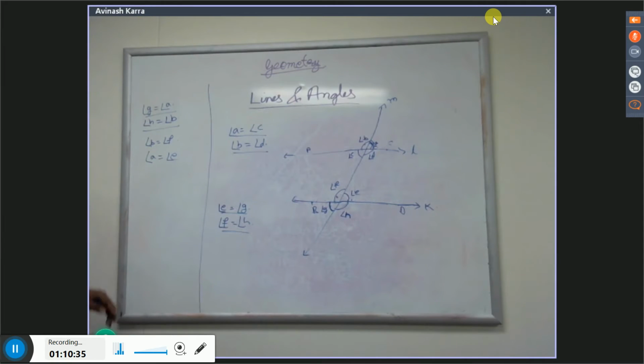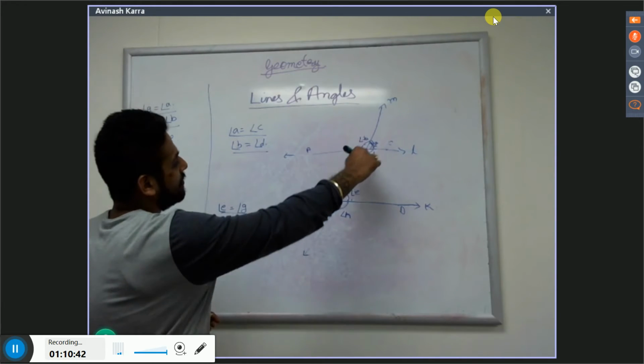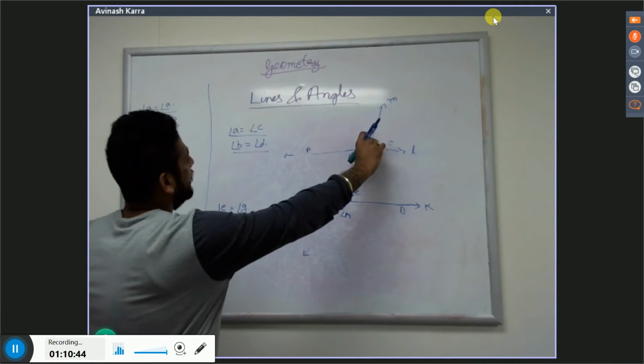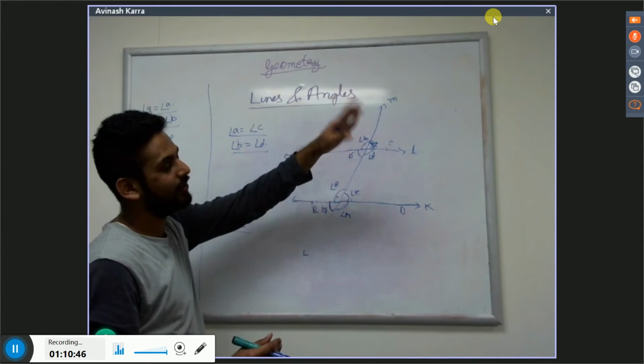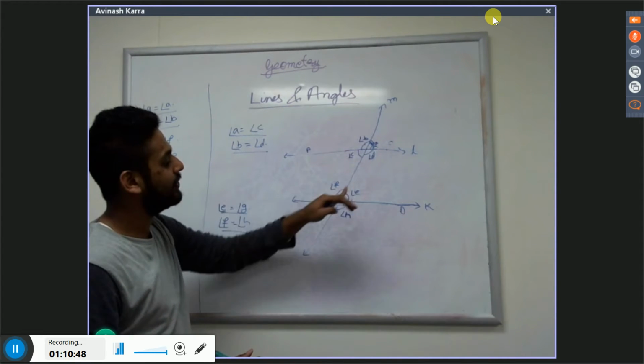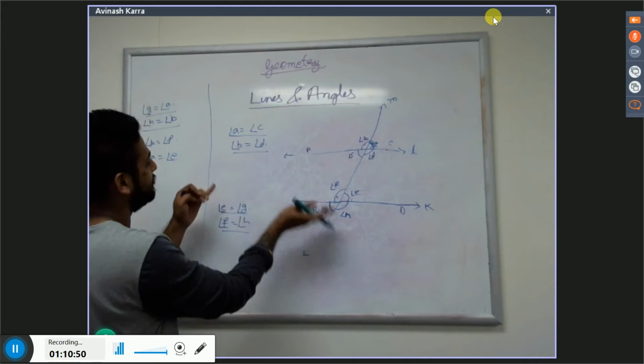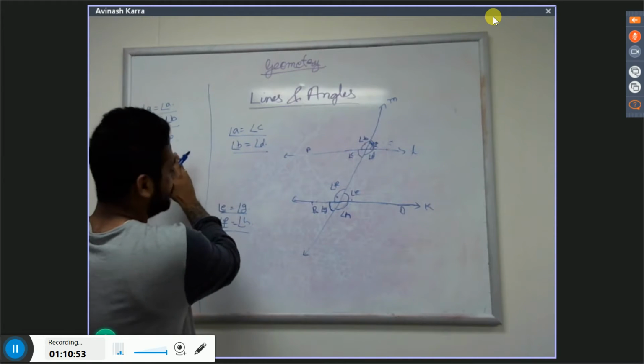If you want me to give the proof, I can explain it, but it takes some time. It is simple: the sum of angles will be 180. For example, assume A is equal to 30, then I'll get some value, and from these equations, if I substitute, you'll get the same.